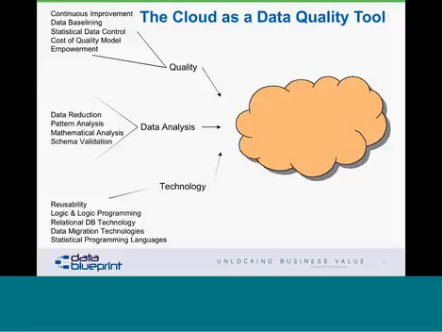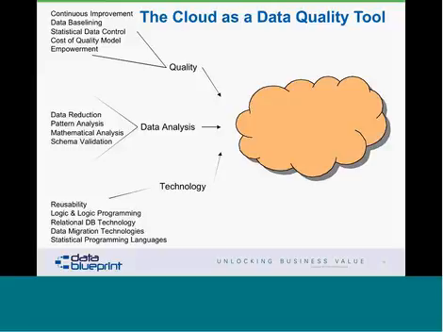We can start to get better and broader pattern analysis. We can now start to understand different components of mathematical and schema validations that go in there. We can now start to impose standards on these processes. The technology allows us to implement reusability, implement better types of technologies that we have, and look at more specific language opportunities that we have in there.